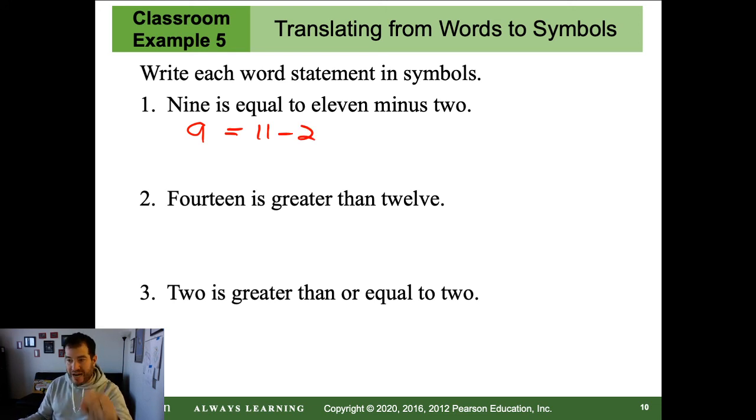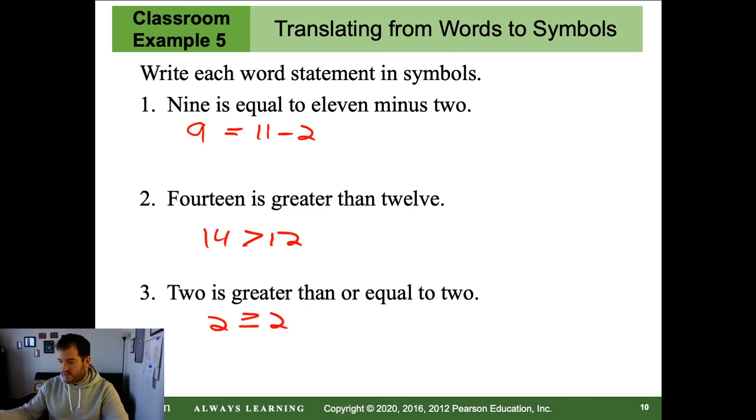I want you to go ahead and pause the video and see if you can do 2 and 3 on your own. Okay, I'm getting 14 is greater than 12, and 2 is greater than or equal to 2, which are all correct statements. So hopefully that made sense.